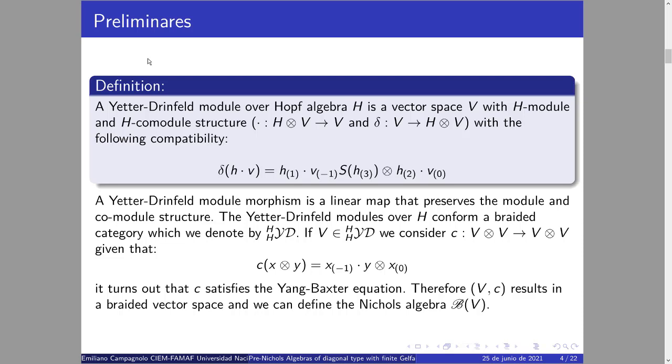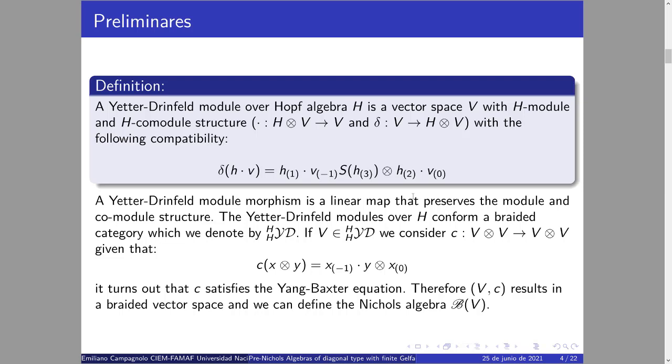A Yetter-Drinfeld module over a Hopf algebra H is a vector space B with H-module and H-comodule structure with the following compatibility. A Yetter-Drinfeld module morphism is a linear map that preserves the module and comodule structure.